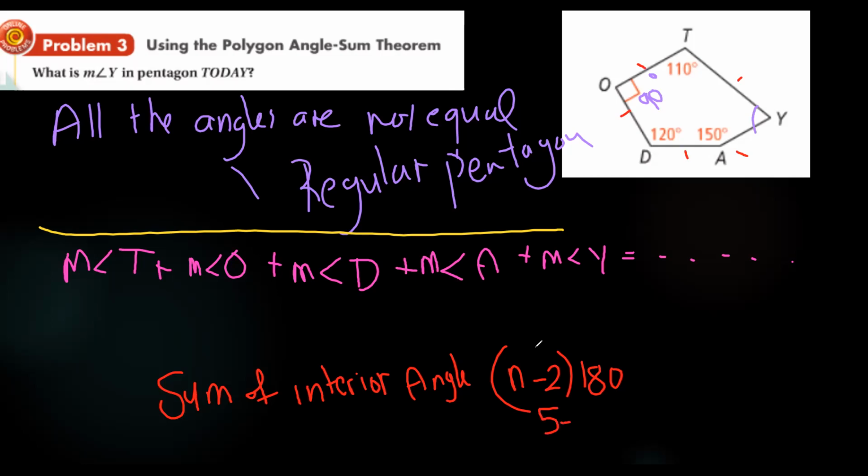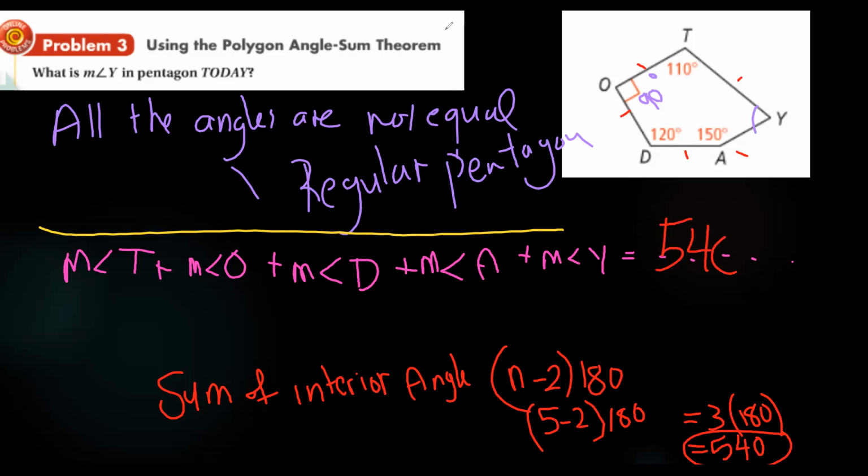So 5 minus 2 times 180. So it is 3 times 180, which is 540. So this 540 is the summation of the angles.